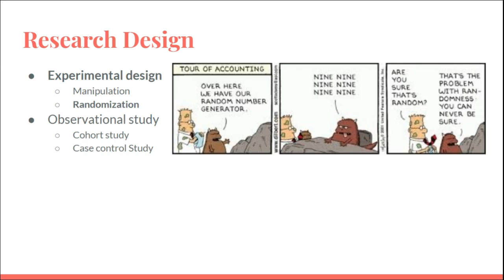Maybe all the married werewolves are scared they will hurt their family, so they all ask to be in the silver condition. The silver condition no longer represents the dose of silver alone, but rather it also represents what other patient characteristics are associated with being a married werewolf. This is why extra measures are often taken to ensure proper randomization.